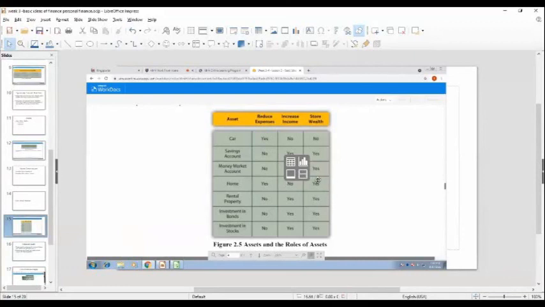But it's yes for storing wealth because a home appreciates in value. Having said that, that means you are storing your wealth.